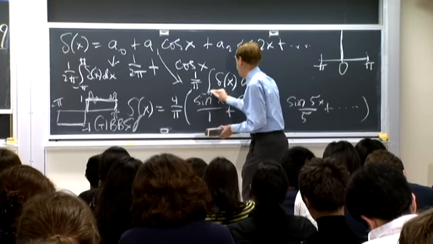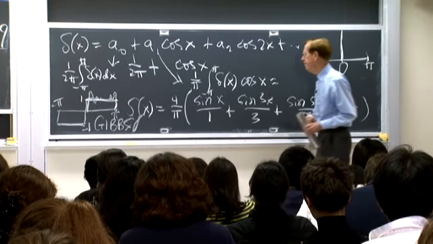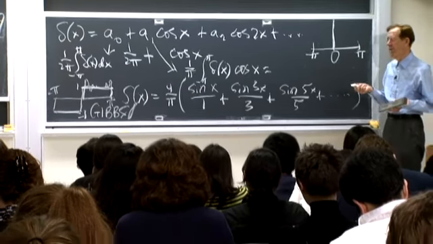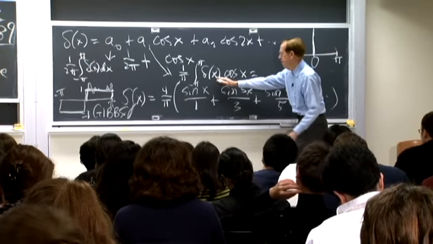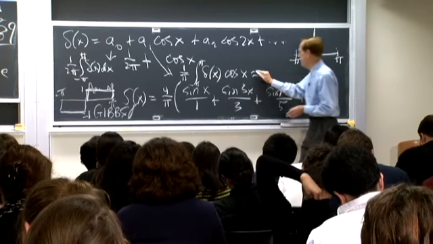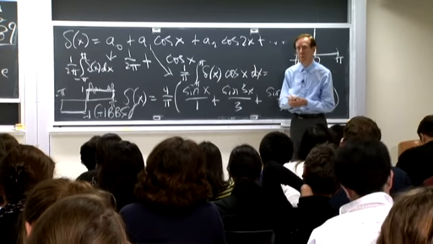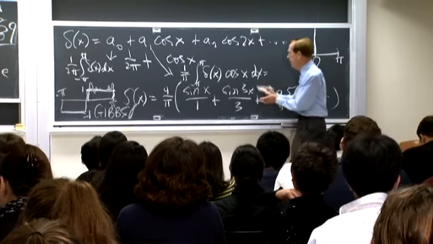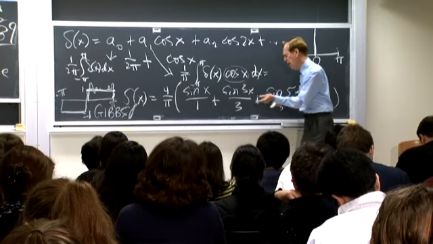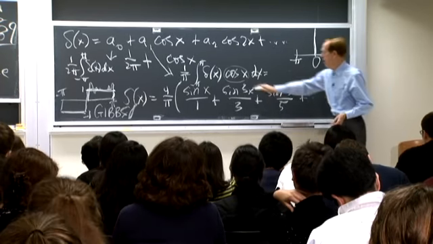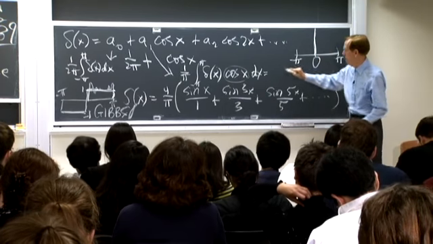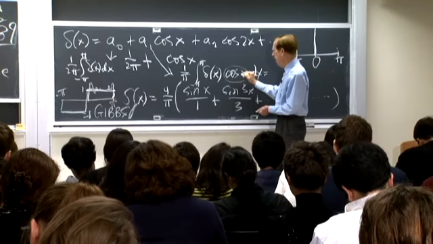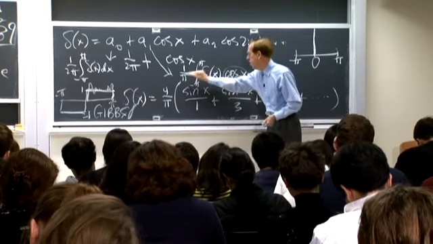And what answer do we get for A1? What's the integral of delta of x times cosine x dx? And the answer is 1, also 1. The delta function, this spike, picks out the value of this function at the spike. Because, of course, it doesn't matter what that function is away from the spike, because the other factor, delta, is 0. Everything is at that spike, all the action. And this happens to be 1 at the spike, so I get a 1 over pi.